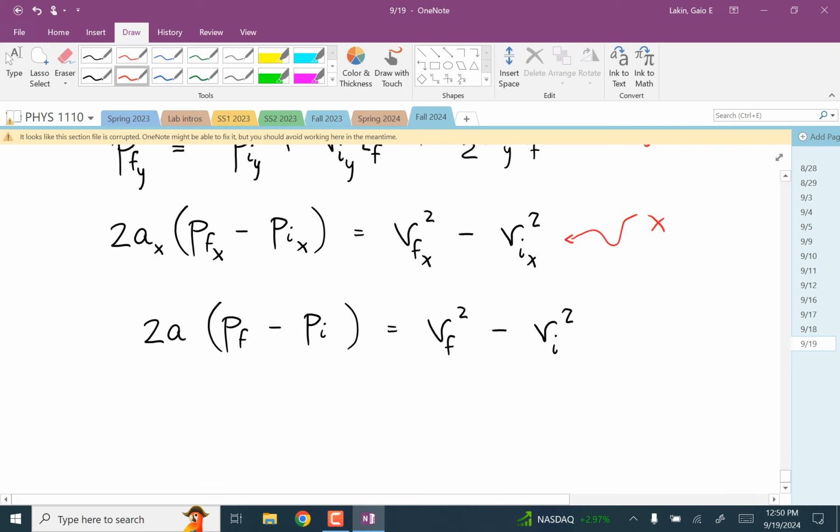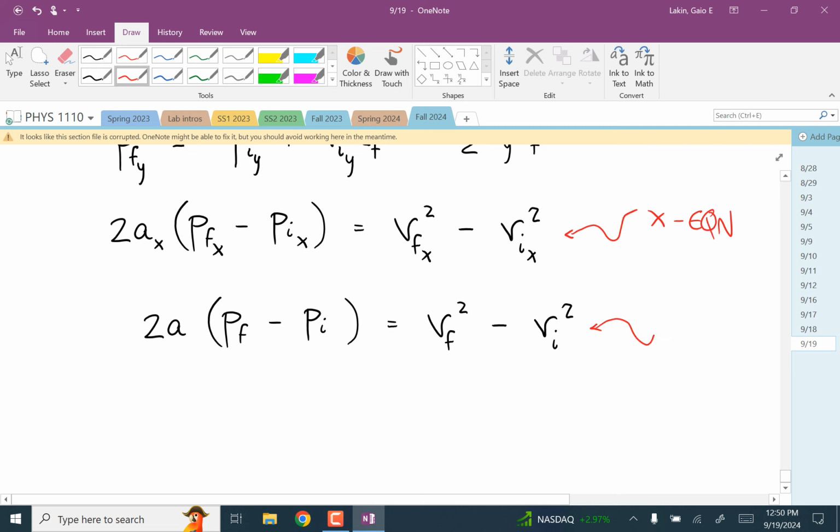That's the X equation. And then the Y equation says 2AY times the quantity PFY minus PIY is equal to VFY squared minus VIY squared.